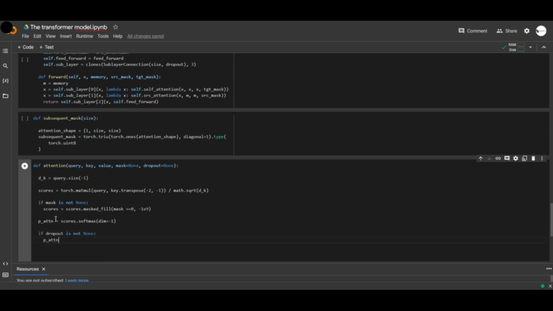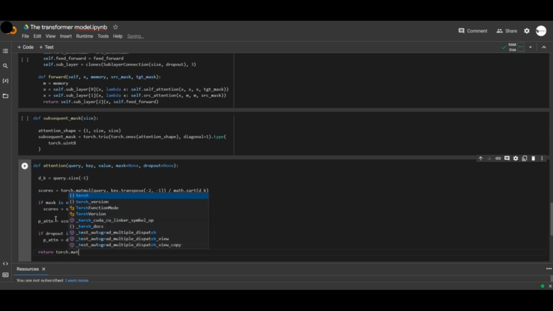We can actually apply it to prevent overfitting, right? That's why we do this. So dropout p_attn, then we return. Remember that we said the last thing is just to multiply the scores by the values, so matmul p_attn by value and return the p_attn.